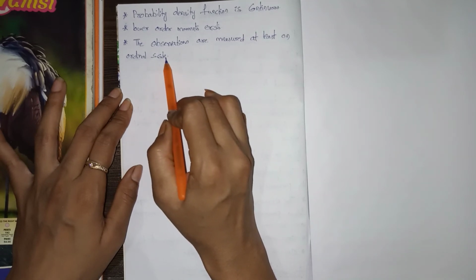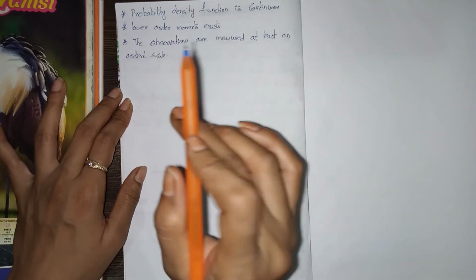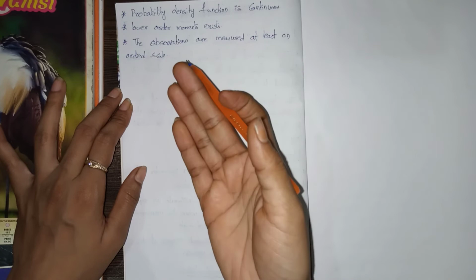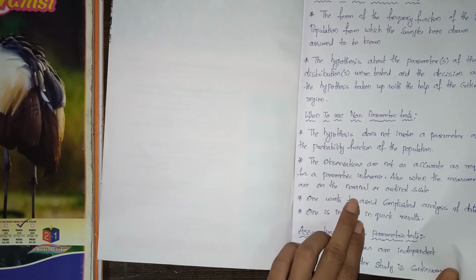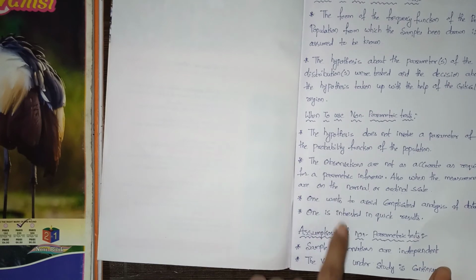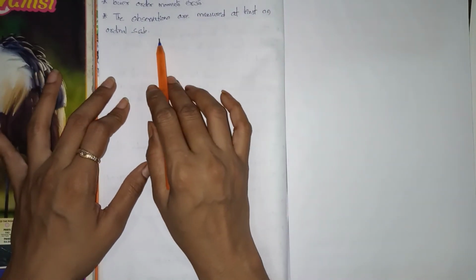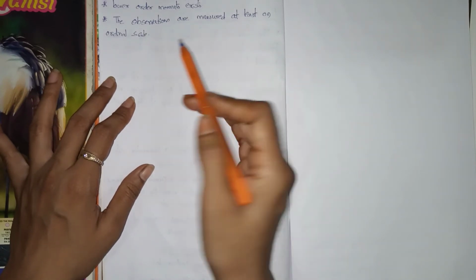Whatever observations we take should be at least on an ordinal scale, or else they can also be on a nominal scale, as we studied. That's why we took that as an assumption. Compulsorily, the observations we take should be at least ordinal scale or else nominal scale.